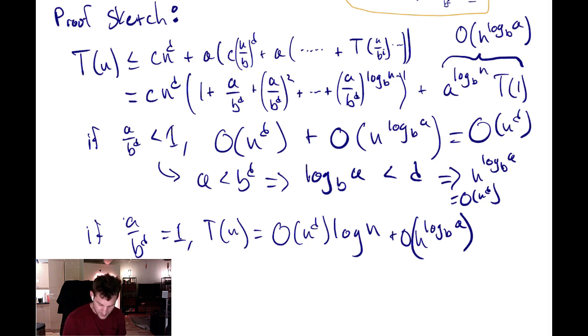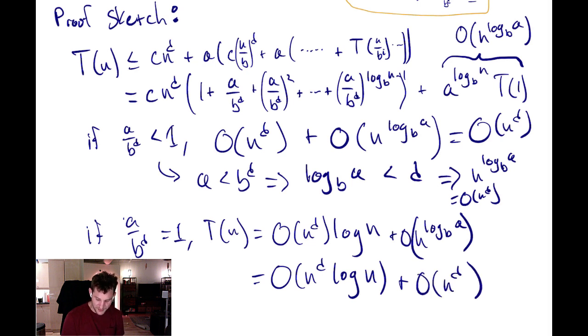So this whole thing is going to be equal to O of n to the d log n plus O of n to the d. You can check that log base b of a equals d in this case because of the condition that we're looking at. So this term in the end isn't actually relevant. The whole thing is just O of n to the d log n.